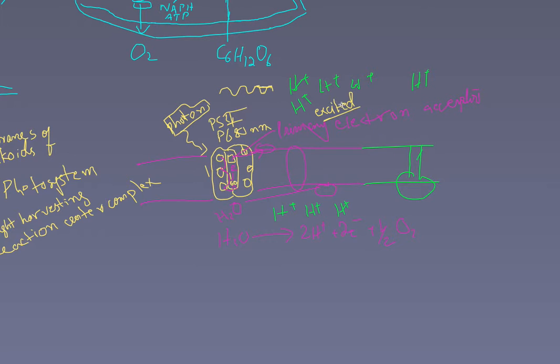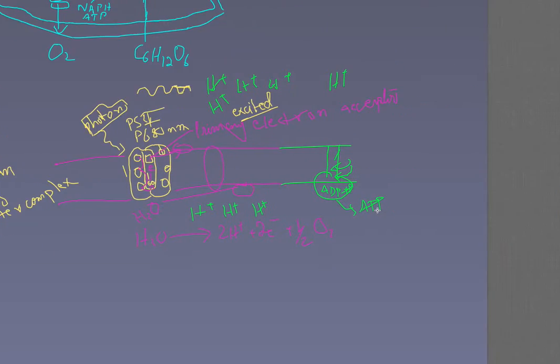These hydrogen protons go through this complex, and as they go through, it causes this complex to rotate, sort of like a milkshake. When you're making a milkshake, you put everything in it and push the button, and it mixes everything up. So it's mixing ADP plus a phosphate group, and it's eventually giving us ATP.